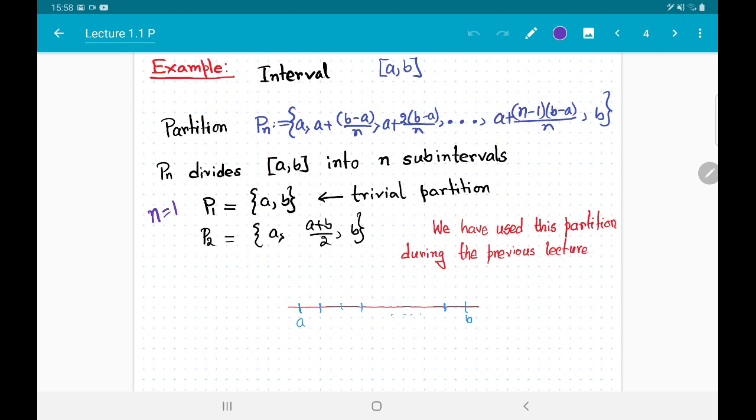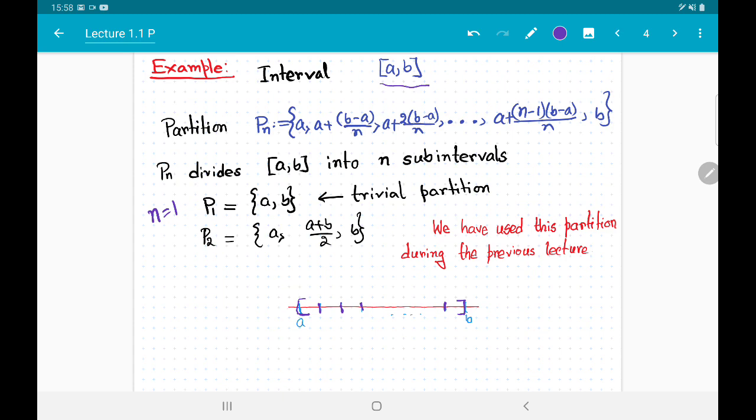Let us see a concrete example. This is an example that we have already come across in our previous video. So here we want to partition our interval into n equal parts. For this we need n minus 1 points in the middle of the interval and also the 2 endpoints of the interval.